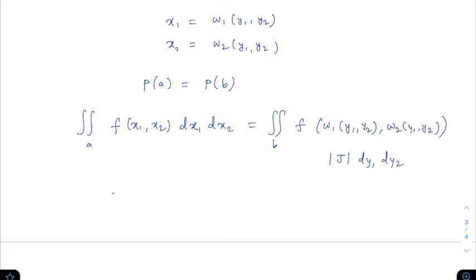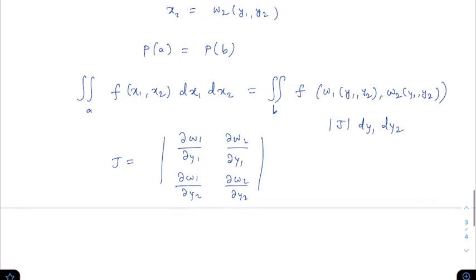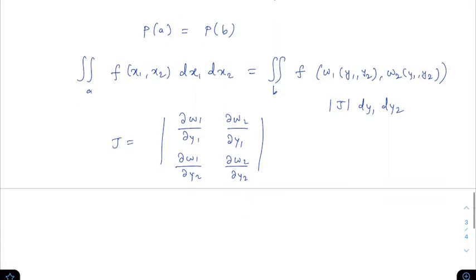So writing explicitly, the Jacobian is this transformation matrix. Therefore, the probability distribution function in y1, y2 is the probability distribution function in x1, x2 times the Jacobian.